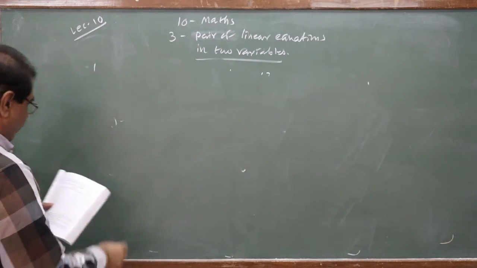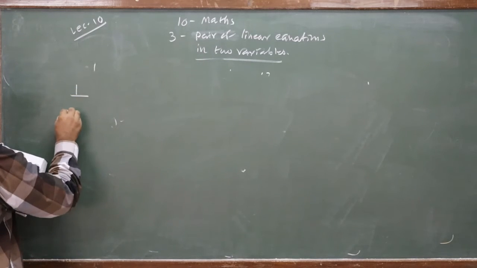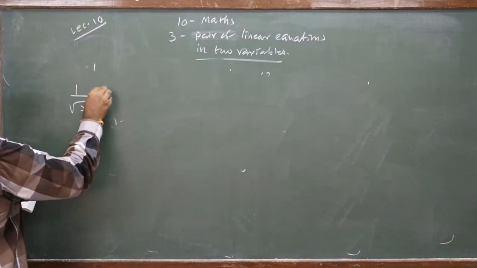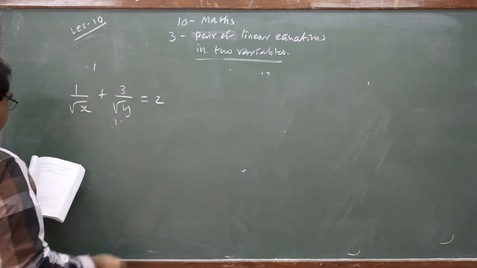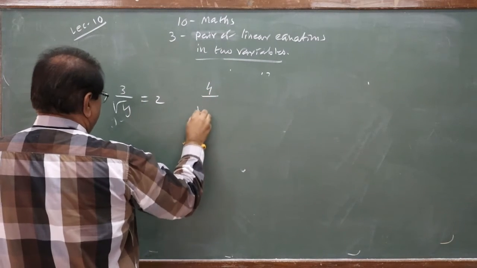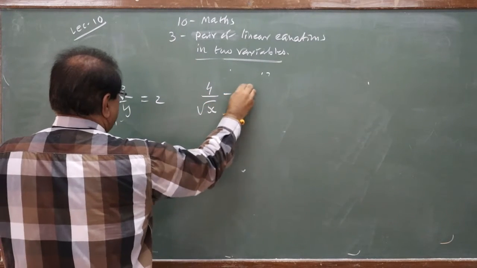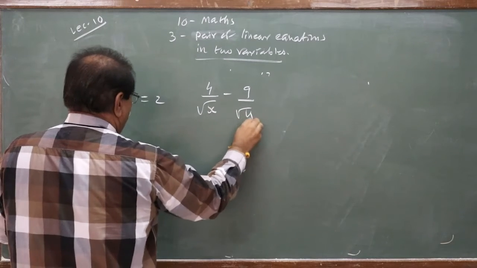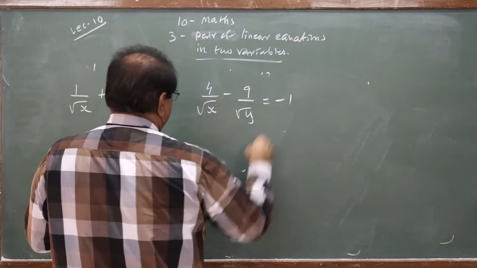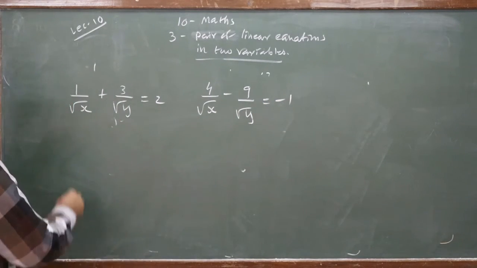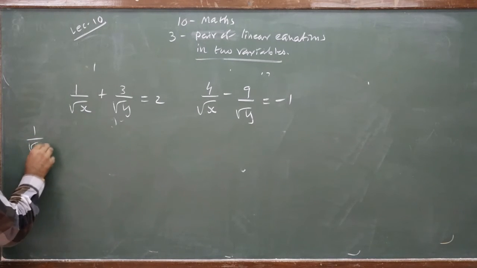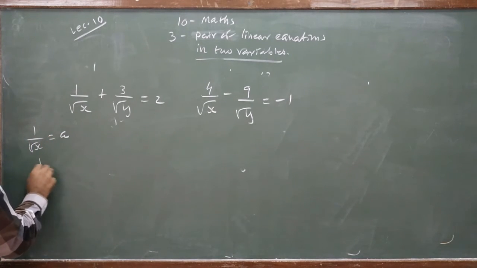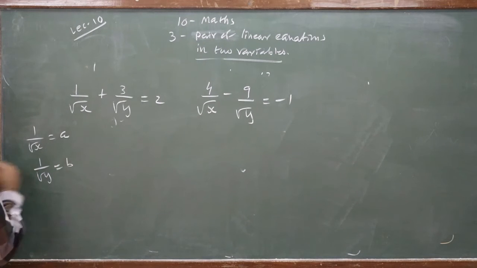Second is 1 upon square root x plus 3 upon square root y is equal to 2. Next is 4 upon square root x minus 9 upon square root y is equal to minus 1. Now, for 1 upon root x, you have to assume a, and for 1 upon root y, you assume b.